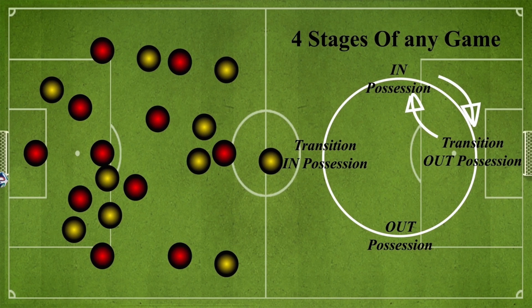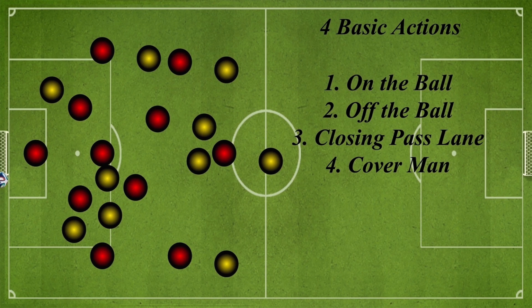You should be in possession and you can reach up to the transition to out of possession, but you have to convert that into in possession again. If you lose the possession, then you will concede. So you have to keep those in mind, and based on that, you can divide those into 4 sections, which is on the ball, off the ball, closing the pass lane, and cover man.